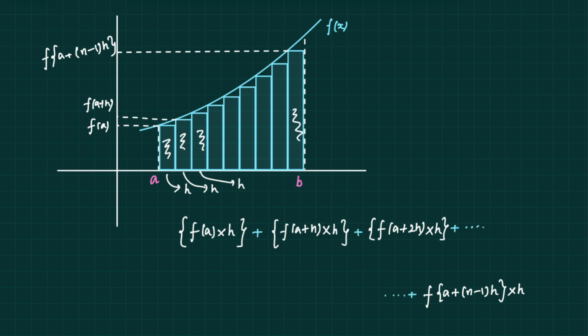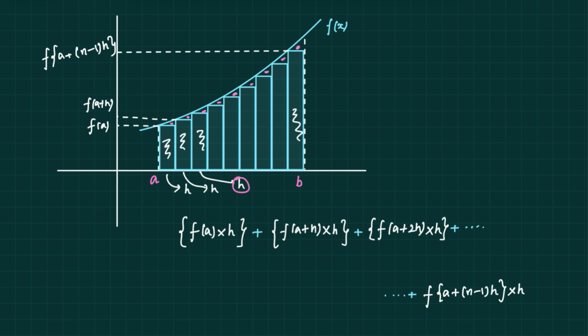And as you see, while doing so, we miss out some part of area, that is, here we are missing this particular area which is under the curve, and hence there will be some error. So to minimize this error, we will try to reduce the value of h as much as possible.